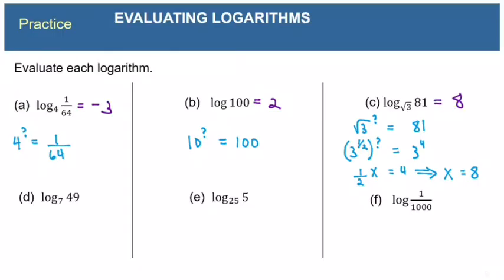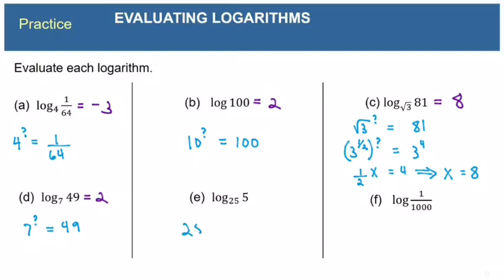Now let's look at log base 7 of 49. This one's pretty simple, so we could put 7 to what power equals 49. You probably don't even have to write that one down. You know that the power of 7 that we need is 2. And now let's look at part E. We have log base 25 of 5.